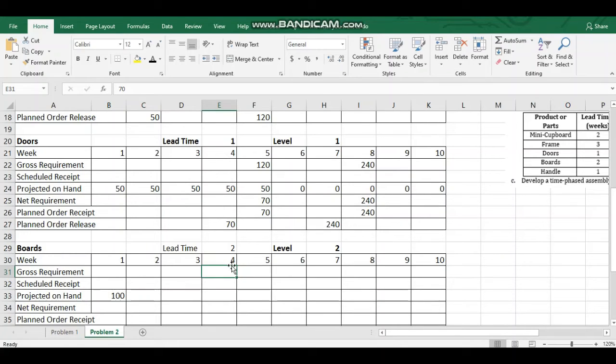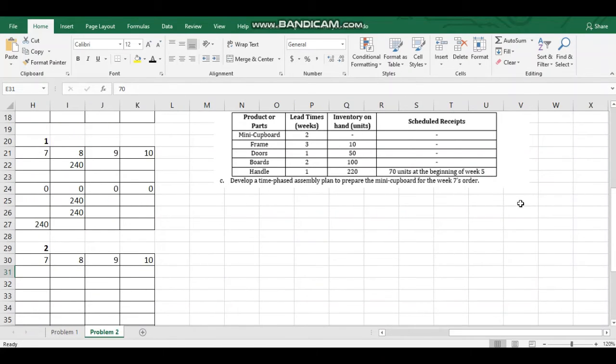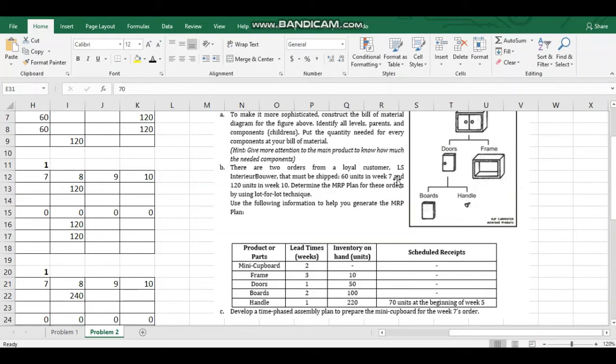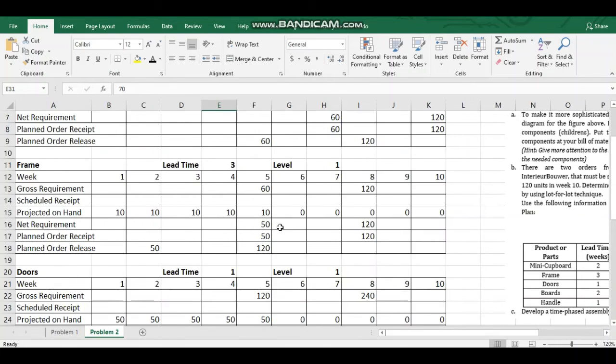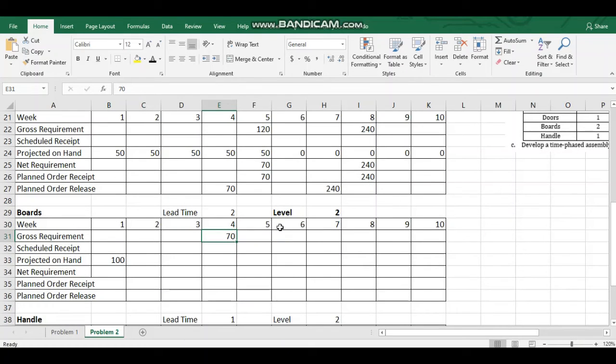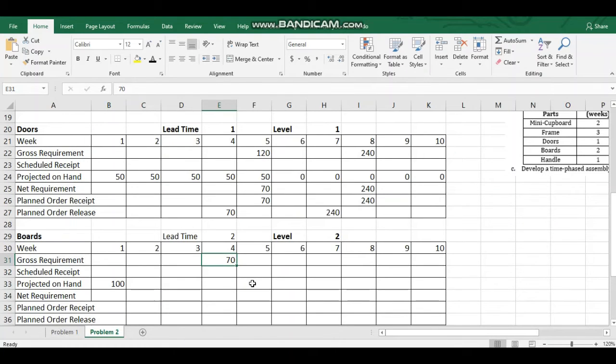So it will appear in week 4 as much as 70, because we could see here for one door we only need one board, and for one door we only need one handle too. So we don't have to multiply it by any number. Okay, now also in week 7, 240. Okay, we're done with gross requirement.